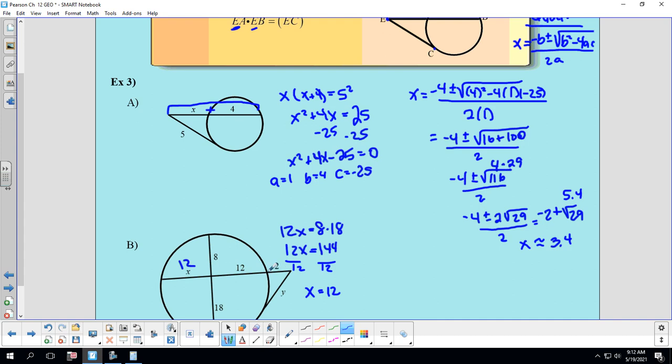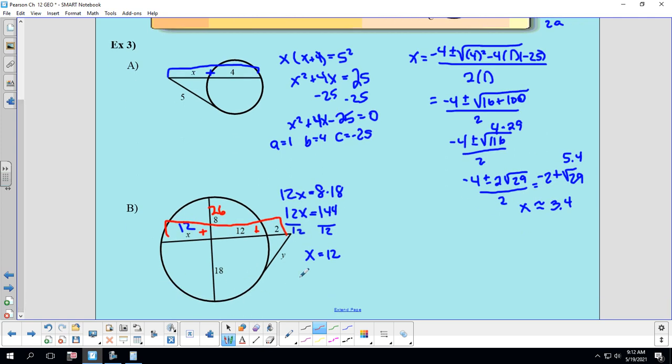EA is the 2, and then EB is 2 plus 12 plus 12. 12 plus 12 is 24, plus 2 more is 26. So when we put together this formula, it's going to be y squared equals 2 times 26, or y squared equals 52.